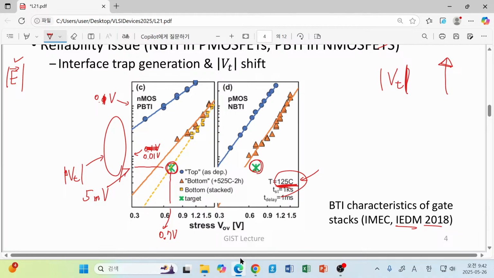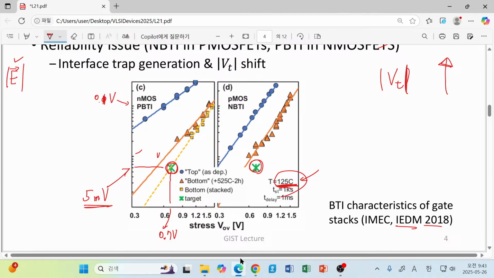So therefore, in this case, stress happens only vertically, and even after a certain time period, we just wanted to have just 5 millivolt difference in its threshold voltage.